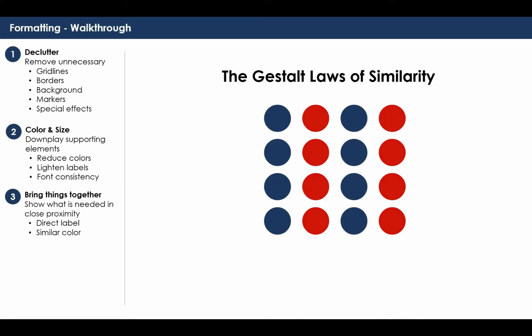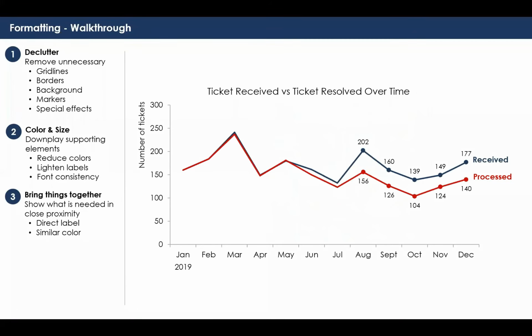The rule that we want to achieve is to bring things together to show proximity. That's why we directly label those things on the line and also near the line. And now we want to relate again with similarity of colors. Similarity of colors will help us to make the chart better.